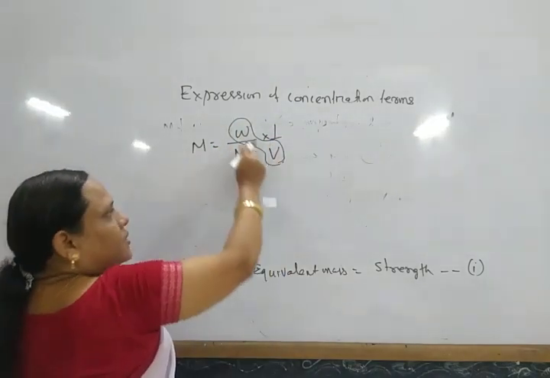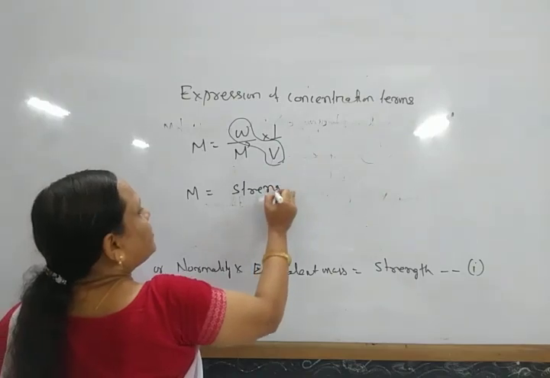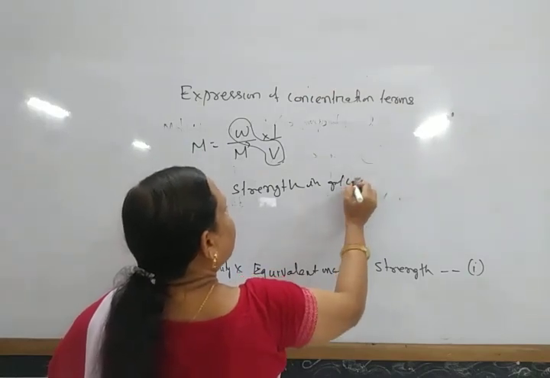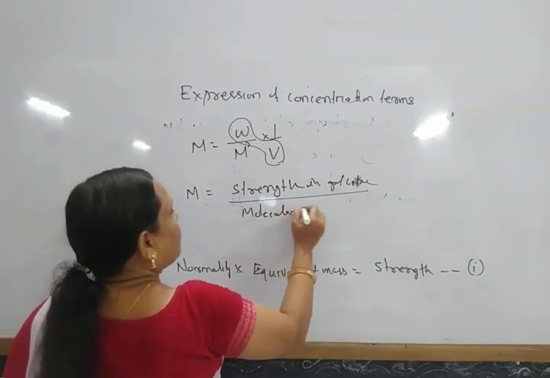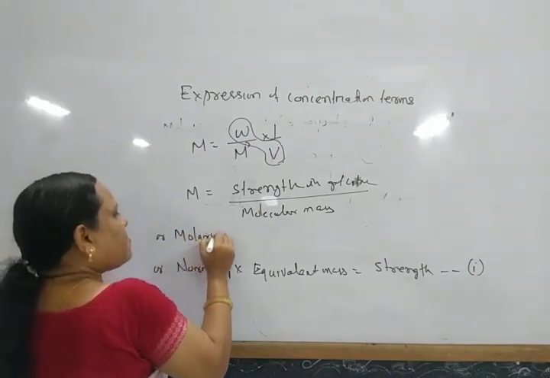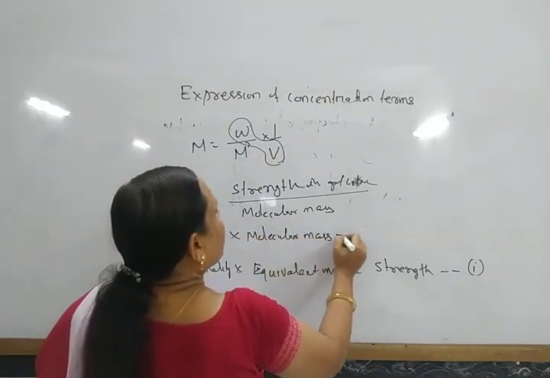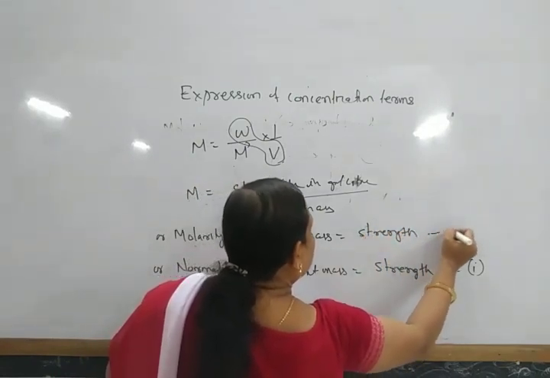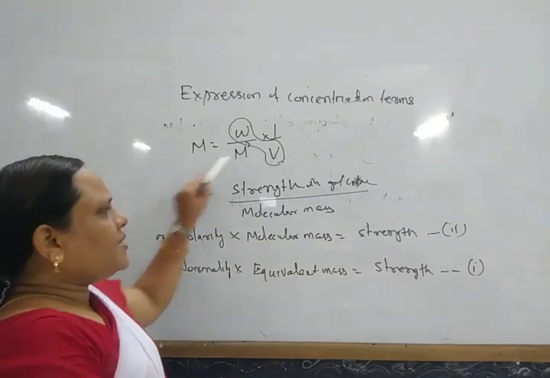So molarity equals strength in grams per liter divided by molecular mass, or molarity into molecular mass equals strength. So this is another relation.